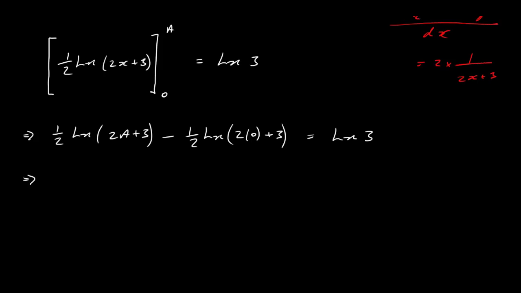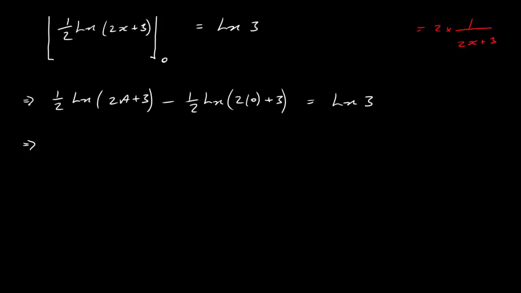Next thing I'm going to do is just multiply across by 2 to get rid of the halves. So I'll have log 2a plus 3 here, minus log 2 times 0 is 0, so I just end up with log 3 here. And I just end up with 2 log 3 on this side.